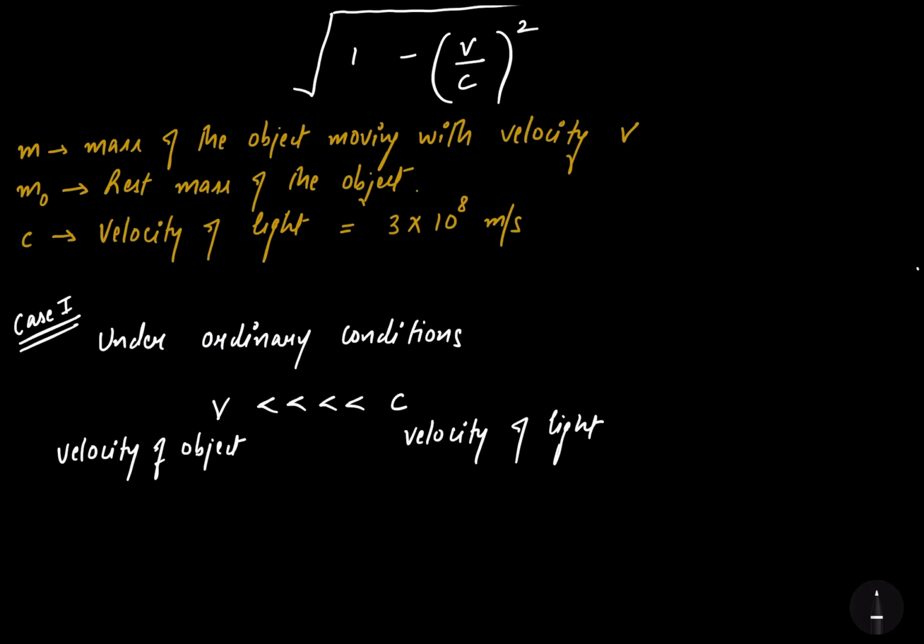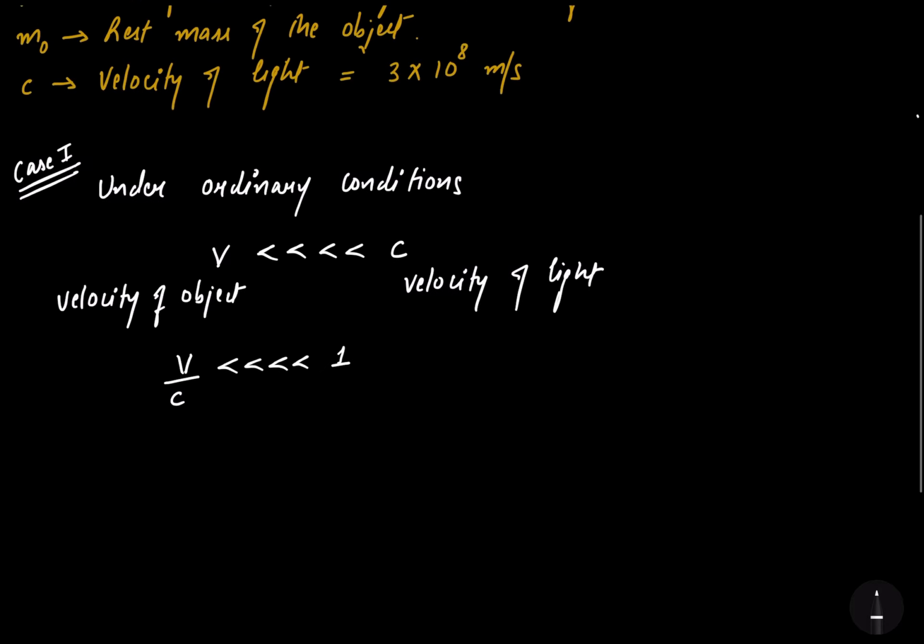I'm taking an example of car, bus, scooter, motorcycle. When we are walking or running, we can't even come close to the velocity of light. So the velocity of an object is very much lesser than the velocity of light, which proves that v divided by c is very much less than 1. Or if we square it, v by c whole squared will also be very much less than 1.